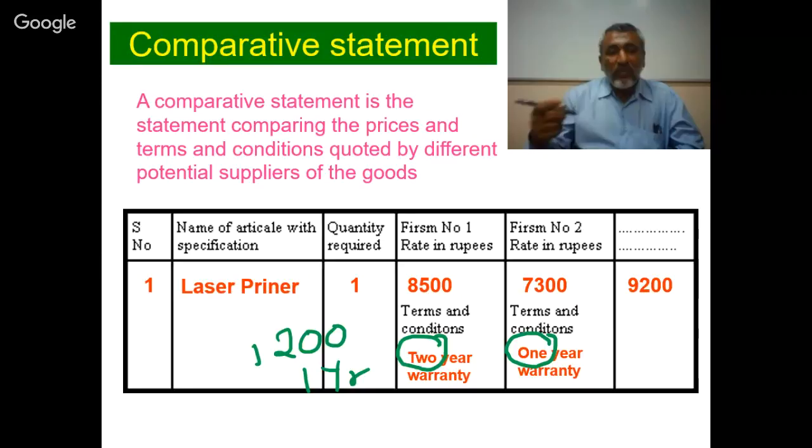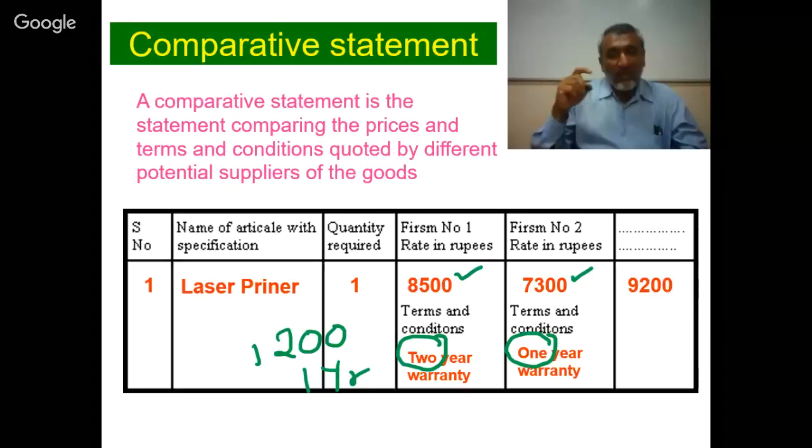If it is more than 1,200, then this company is eligible to receive the order. If the value of 1 year additional warranty is less than the 1,200, then this company is eligible to get the order. That means we have to make a consolidated study of the rates quoted as well as the terms and conditions so that we can place order to the most economical supplier of a particular product. So that is the usage of comparative statement.